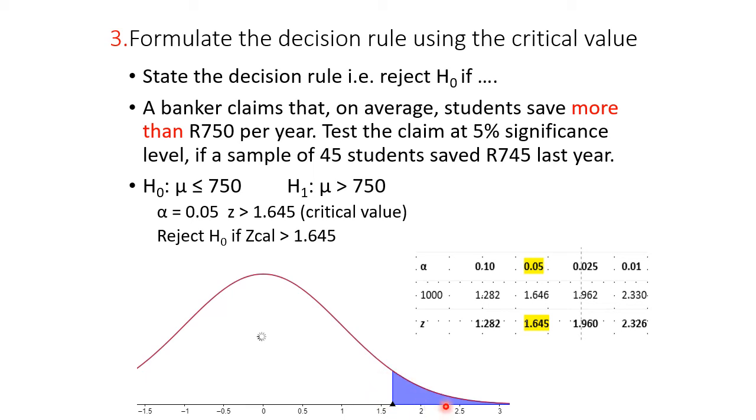If I find a value around this side, then I'm going to reject it. So if you read my decision rule, it says reject H0 if Z calculated is greater than 1.645. Anything greater than this, I will reject. But anything less than that, I will not reject. So that is where my rejection zone is.